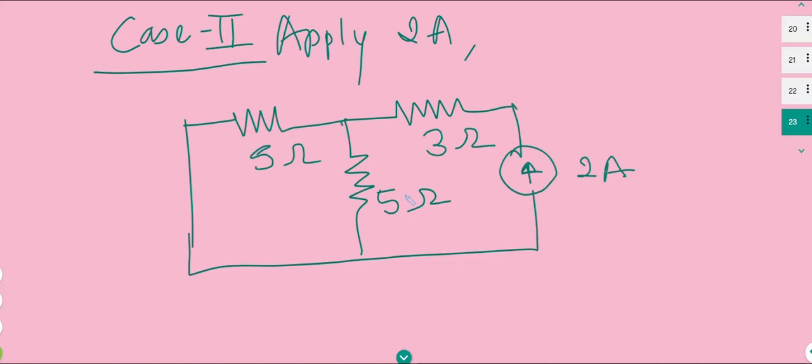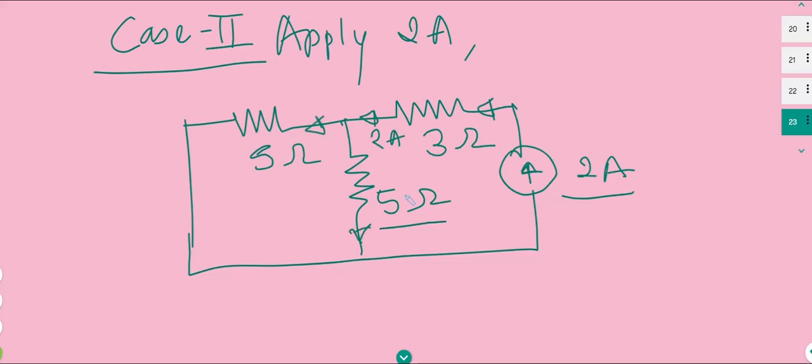Now, earlier we were calculating effective resistance to calculate total current, but here the total current is directly given. This is a current source, so 2 ampere is the total current, and 2 ampere will divide into two parts.